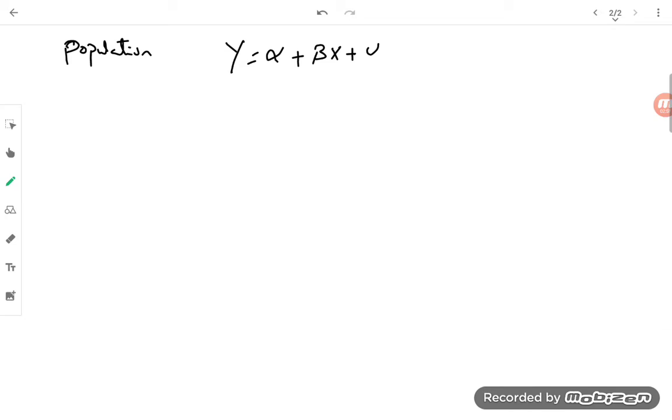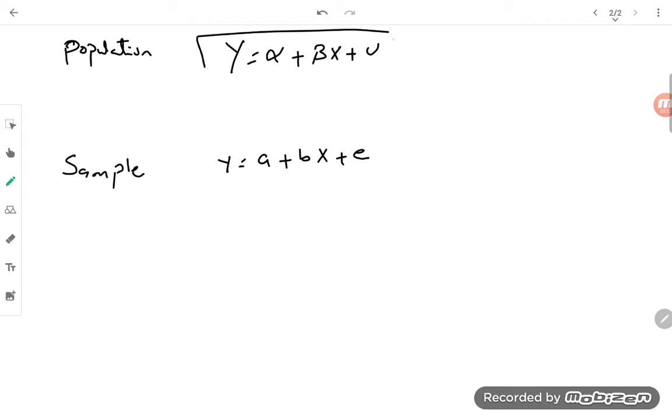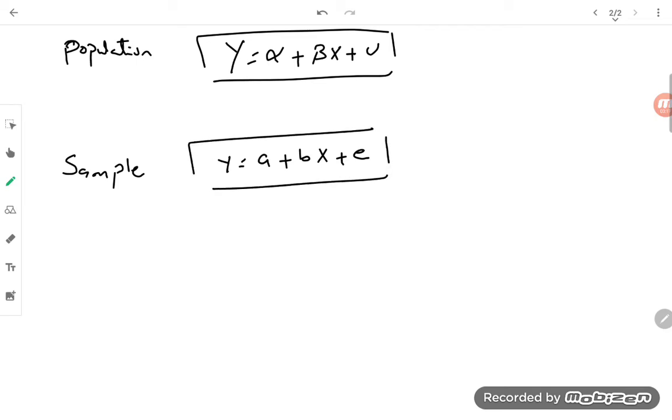It's equivalent to y equals a plus bx plus e. This is for the sample. So if you are going to deal with the whole population, you can write the equation in this form. But if you are going to deal with a small sample, we can write it using this form. And as we said, in economics, usually we use a sample instead of population due to data limitation.